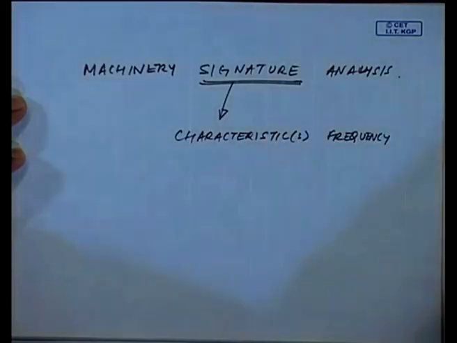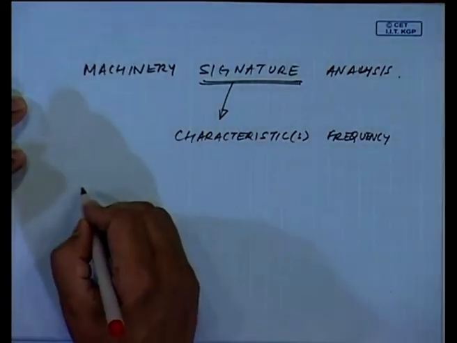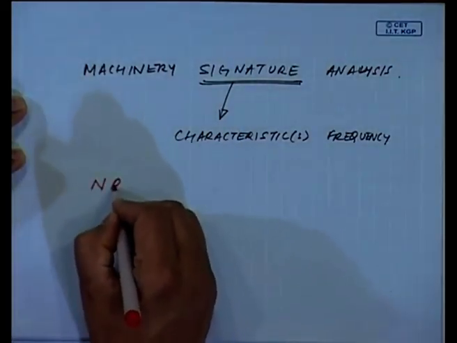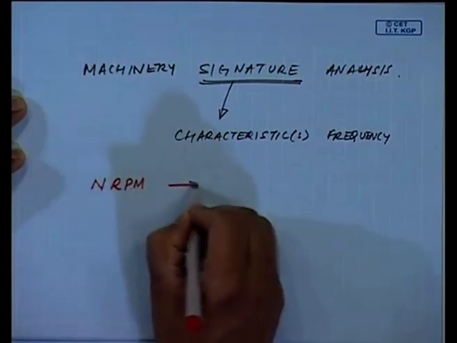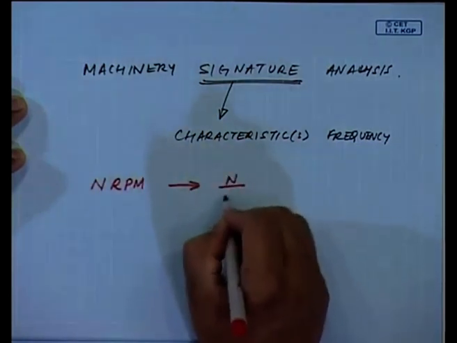For example, if a machine is rotating at say n rpm, its rotational frequency is nothing but n by 60 hertz.